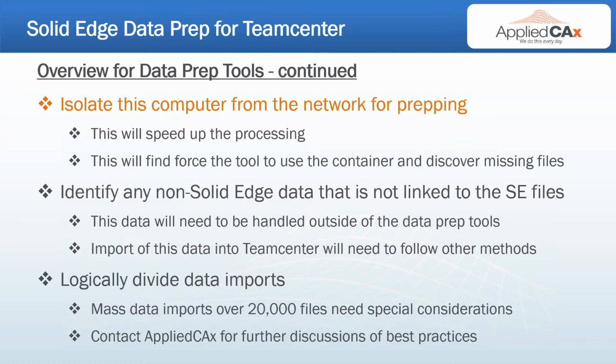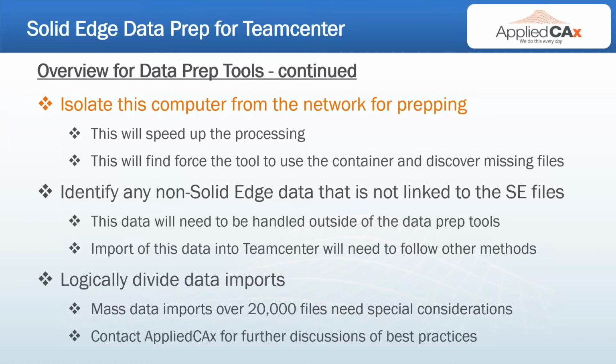Another important point is to identify any non-Solidedge data that's not linked to your Solidedge files that you have in your container or your folder that you're going to be using for prepping. We can't prep the non-linked, non-Solidedge data with the data prep tools.